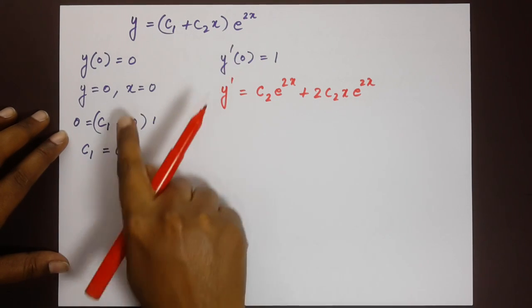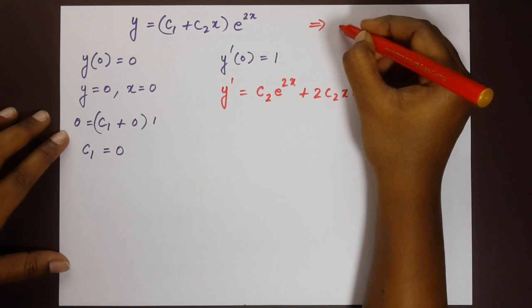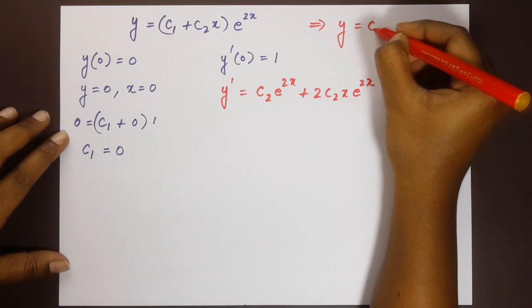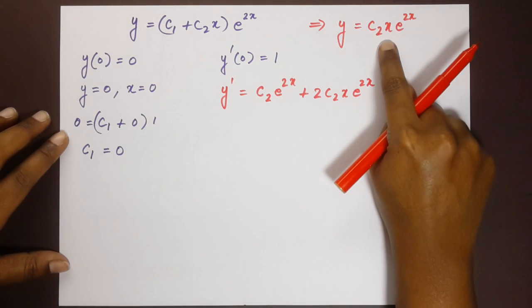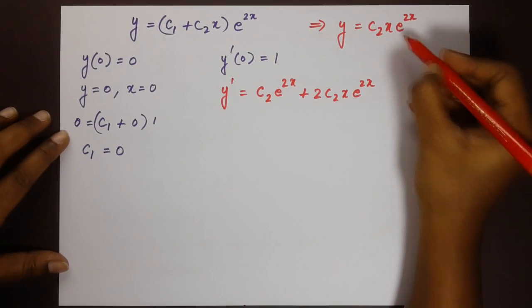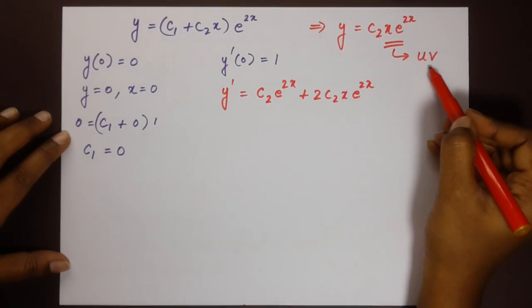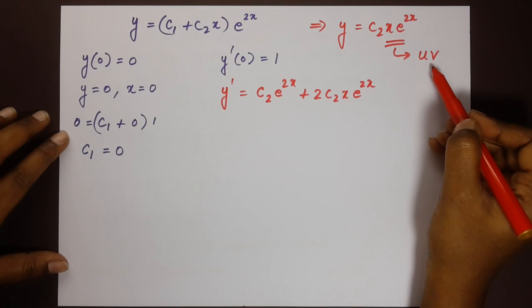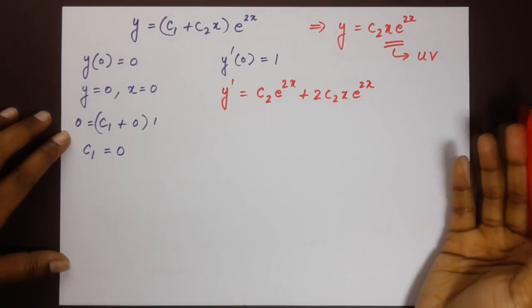What I've done is I've substituted c1 for 0, which gives us the equation y is equal to c2 x e power 2x. Now x into e power 2x, we can consider this to be the UV formula. We use the derivative of the UV formula in order to differentiate.